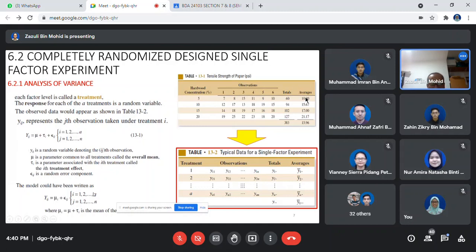The equation is here, and when we try to do single factor experiment analysis, from the data here you have to make a further calculation, and fill up the second last column here, whereby the 60 here is the value of y1 dot, 94 is the value for y2 dot, and we have the average for y1 dot, average for y2 dot, and so on.